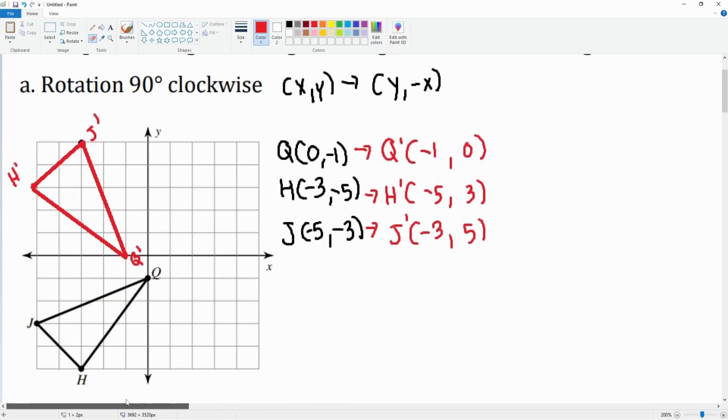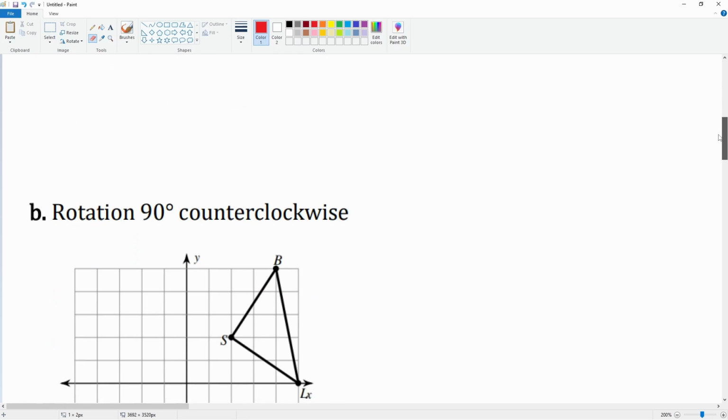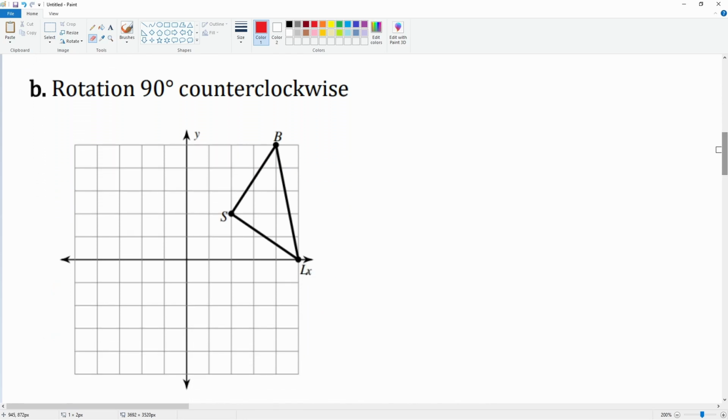All right, let's do the next one. This is a 90 degrees counterclockwise. Please understand, this is the same as your 270 degree clockwise.